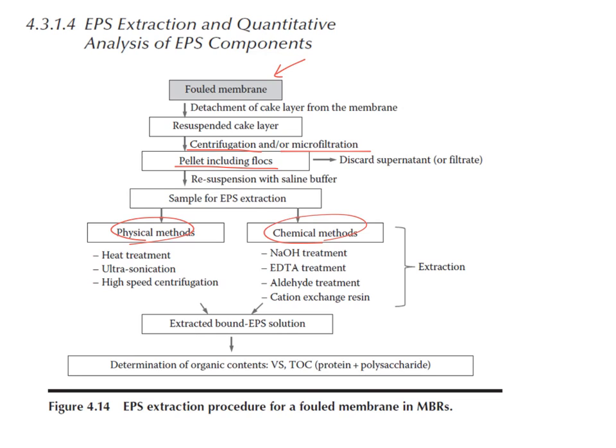On the other hand, the chemical method includes sodium hydroxide treatment, EDTA treatment, and cation exchange resin or aldehyde treatment. That's the extraction step. After doing that, we will get this extracted bound EPS solution. Then we can determine the organic content using VS or TOC.